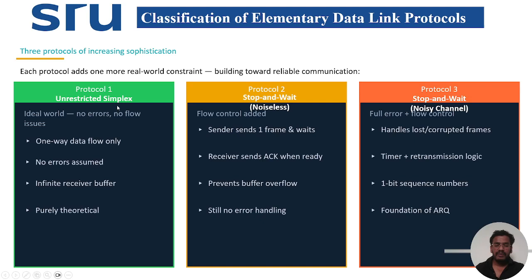The first is the unrestricted simplex protocol, which means one-way data flow only. For example, I am the sender and I send files to the receiver side without any acknowledgement or feedback from the receiver, continuously. We call this a unidirectional simplex protocol.